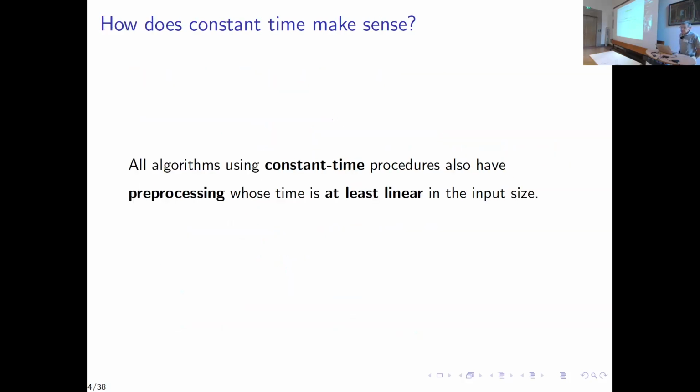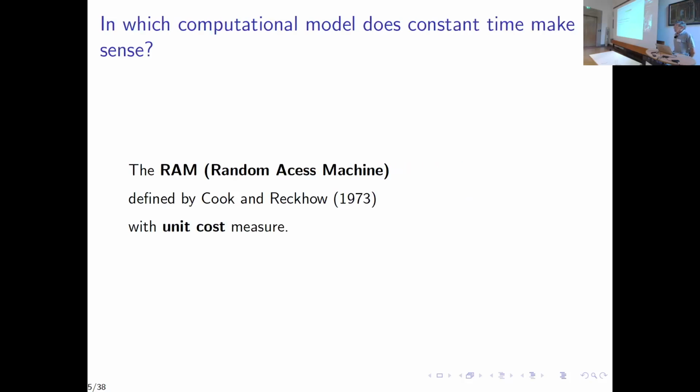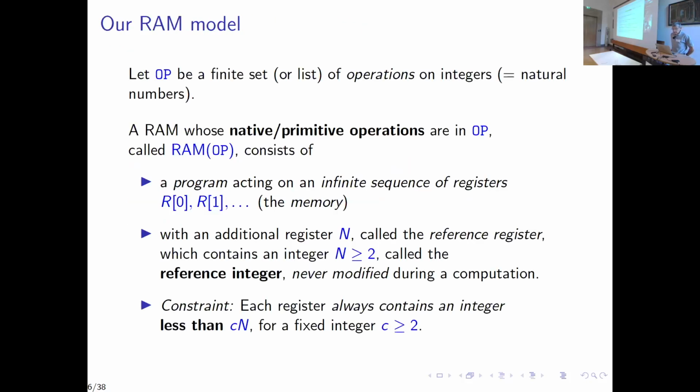All algorithms using constant time need preprocessing, at least linear. Of course, the model of computation is random access machine. Our model, what is it? I insist about native operations.